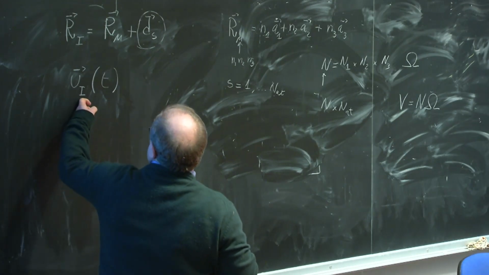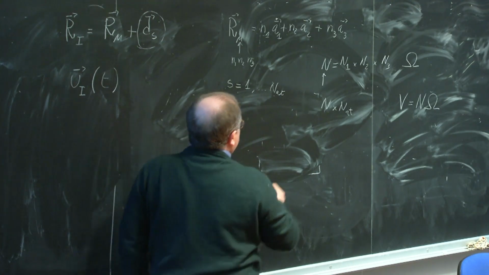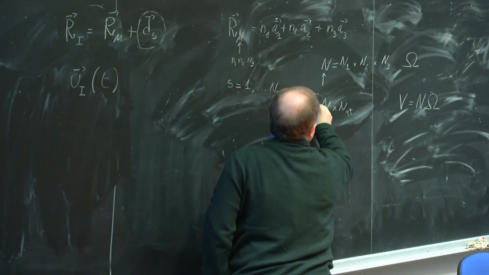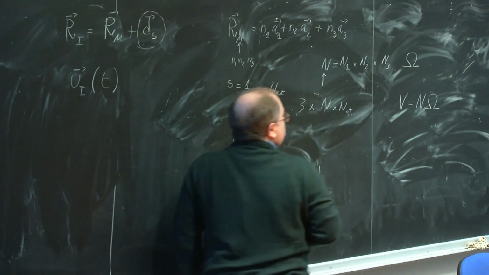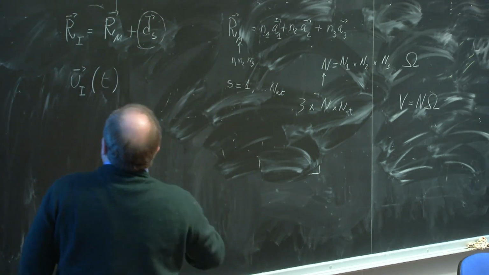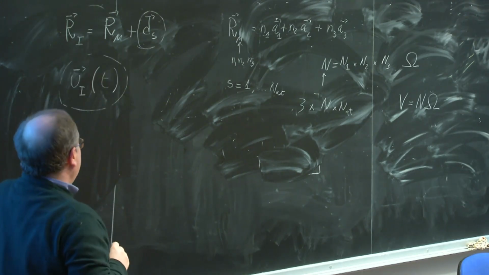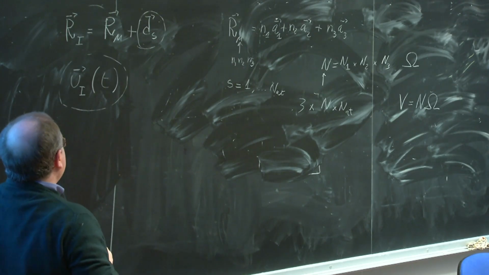Clearly, this is a three-dimensional vector for each atom of our solid, so we have a total of 3 times N times n degrees of freedom. And our problem is to set up some equations for this displacement and to solve them.